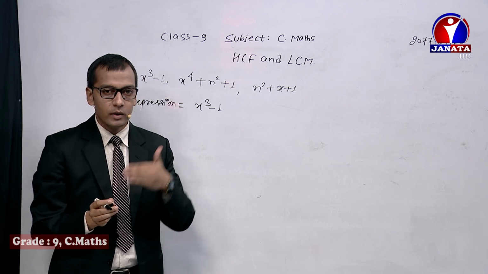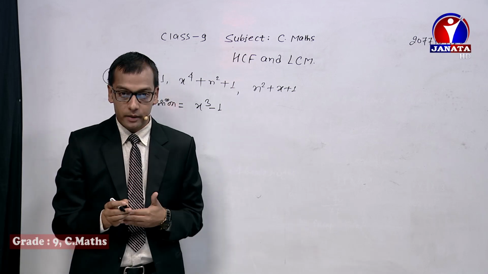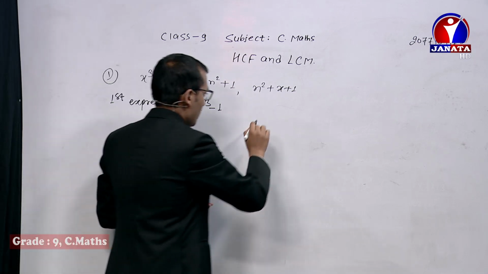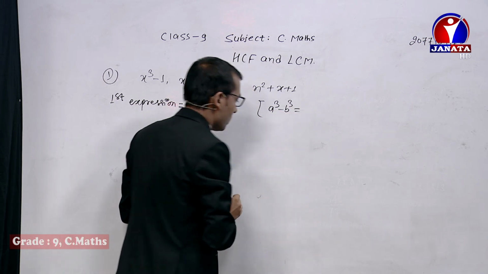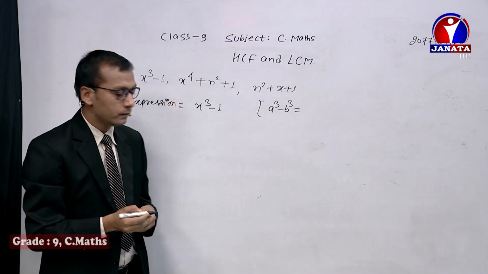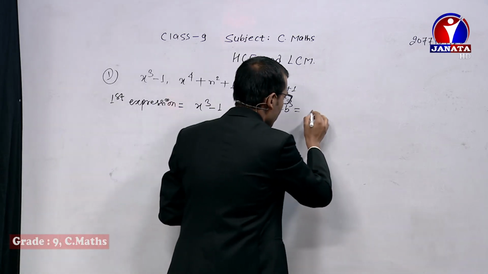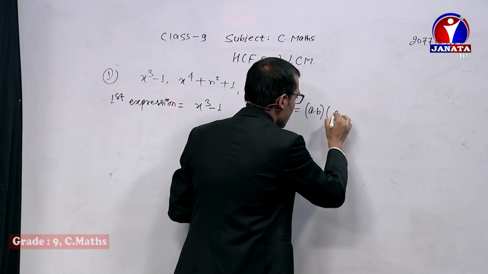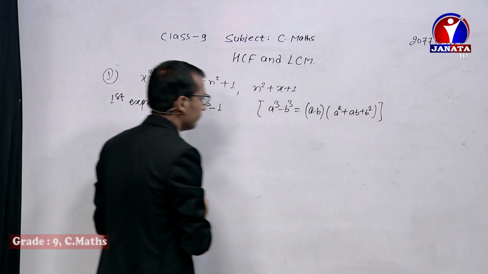We can use one of the formulas of algebra. Here we can use the formula of a cube minus b cube. What are the factors of a cube minus b cube? We know its factors are a minus b times a square plus ab plus b square.